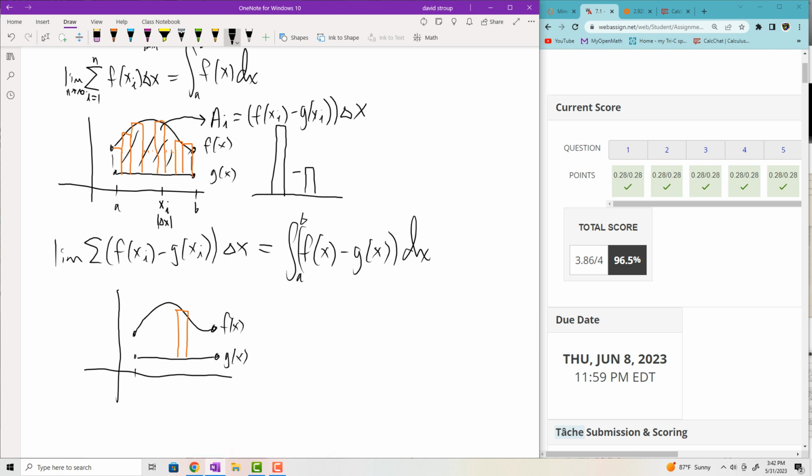If we want to know the area between those curves from a to b, presuming that you're thinking of someone walking across, collecting up these rectangle areas, the top part is going to be f of x, the bottom part will be g of x. So we have the integral of f of x minus g of x dx from a to b.